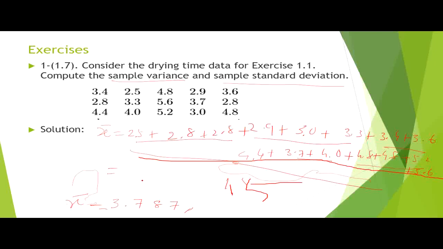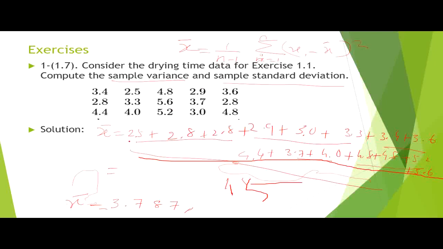Let me explain on another sheet. So we know the formula for variance. I'm writing here. The formula for variance is 1 over n minus 1, summation from i equals 1 to n, xi minus x bar whole square.